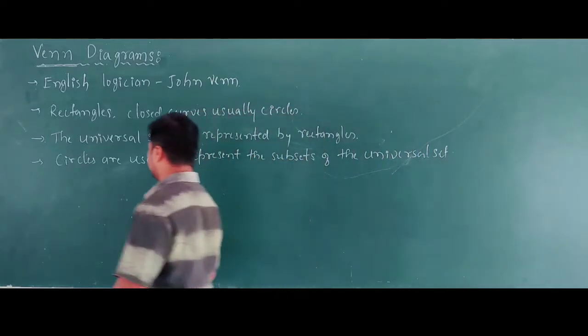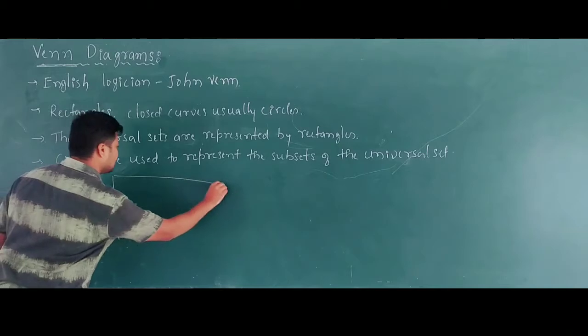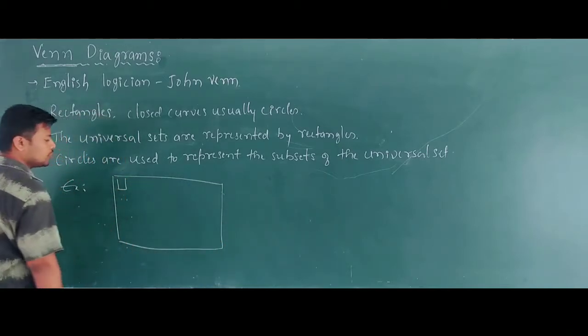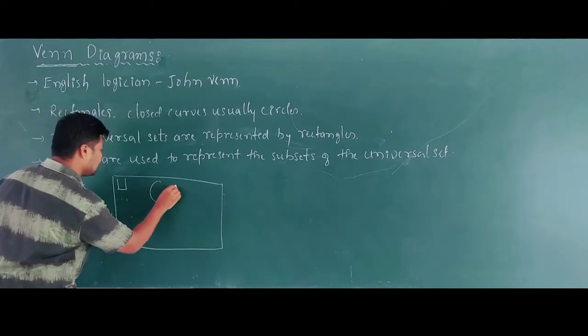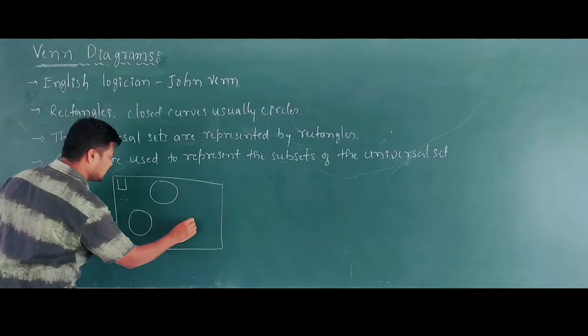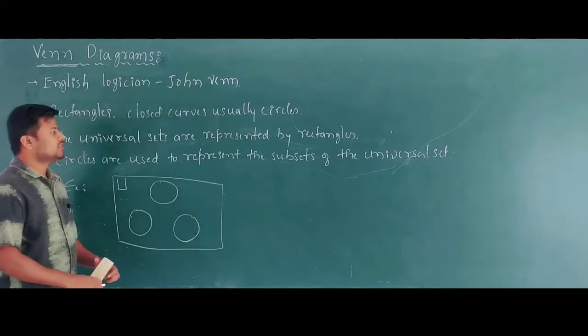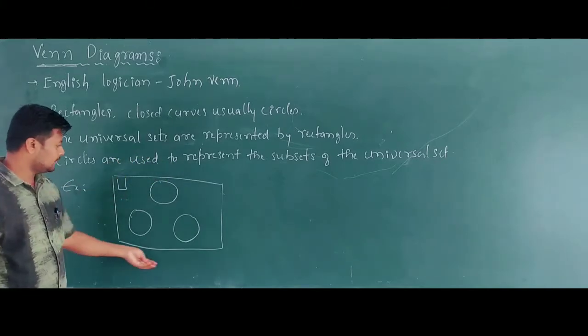For example, this rectangle is used to represent the universal set, and circles are used to represent the subsets of the universal set. So this is the diagram.